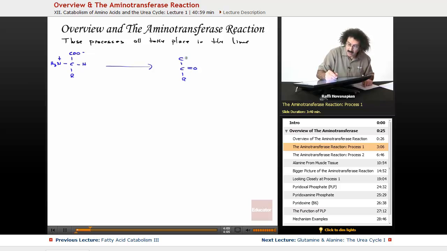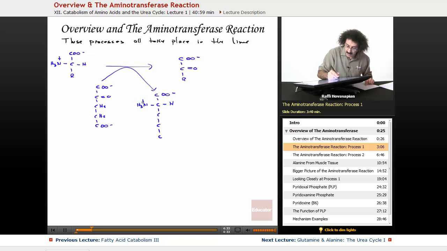Go ahead and draw this: O minus, this is alpha-ketoglutarate, with carbons 1, 2, 3, 4, 5, and then O minus there. Then we have COO minus, we have H, and let me put this NH3 plus here, CH2, CH2, COO minus.